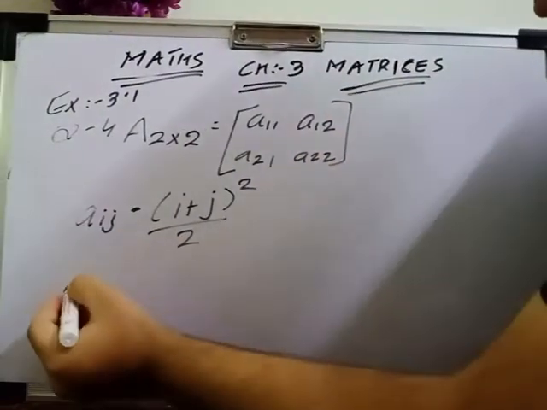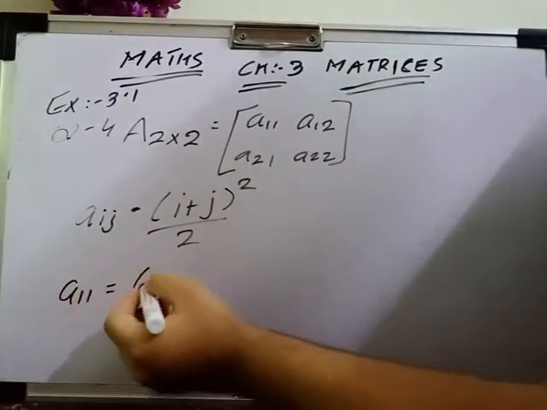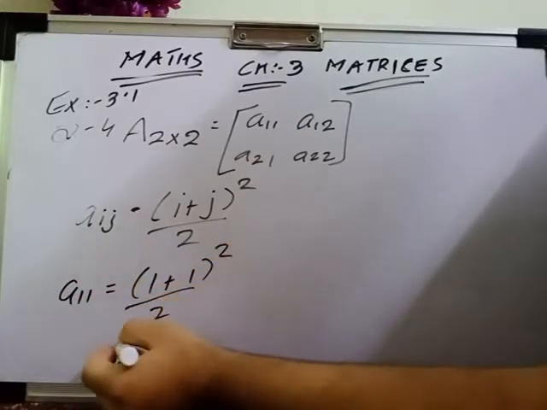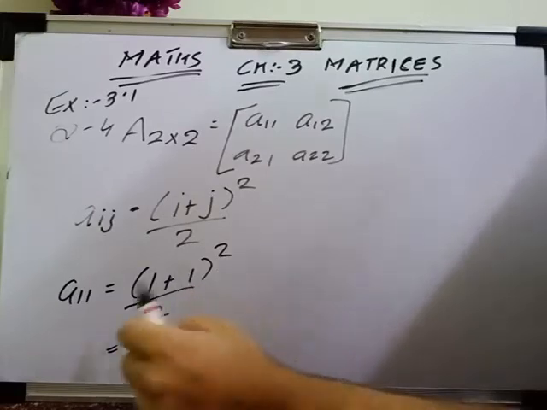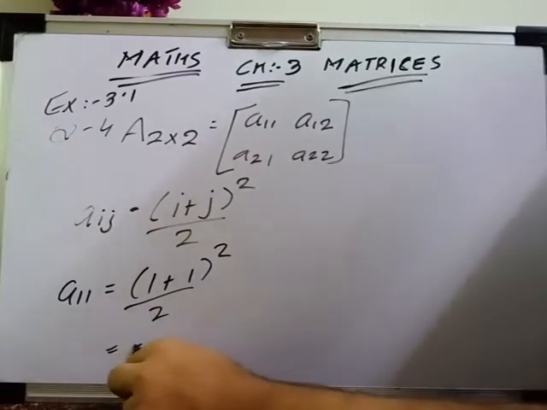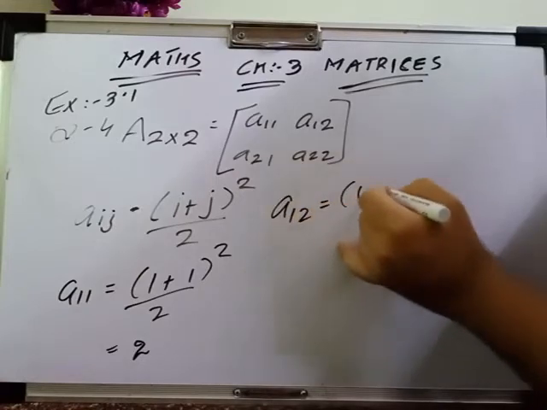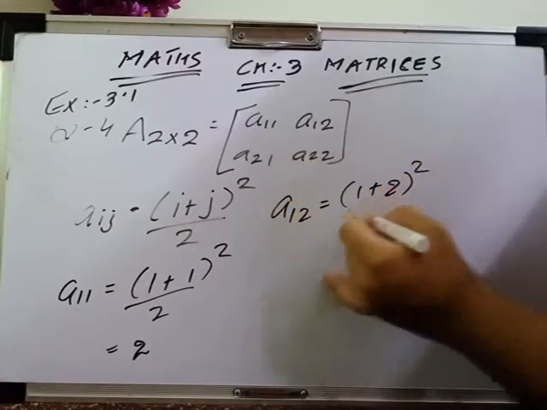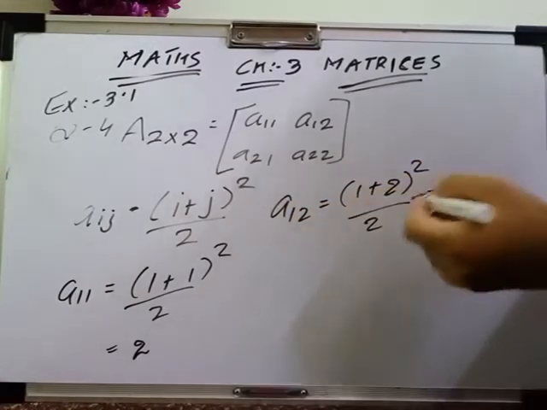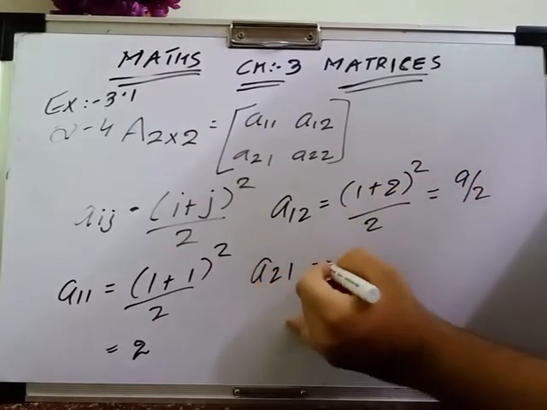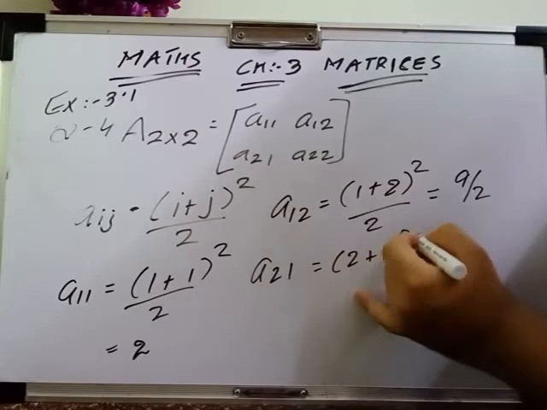So here if I am interested in finding A11, then I will take i as 1 and j as also 1. So 1 plus 1, 2, 2 squared is 4, 4 divided by 2 is 2. A12, then I will take i as 1 and j as 2. So 1 plus 2, 3 squared, 9 by 2. A21, I will take i as 2, j as 1, whole squared by 2.